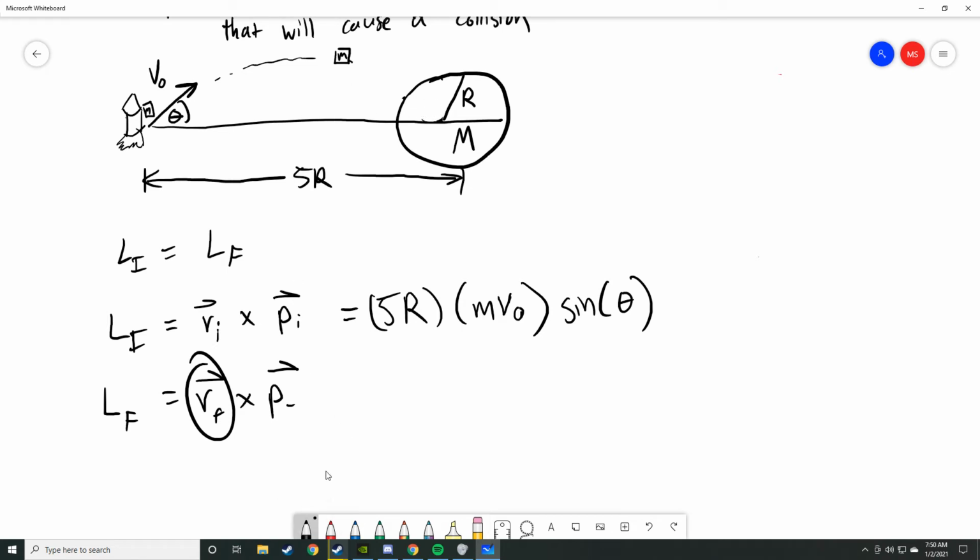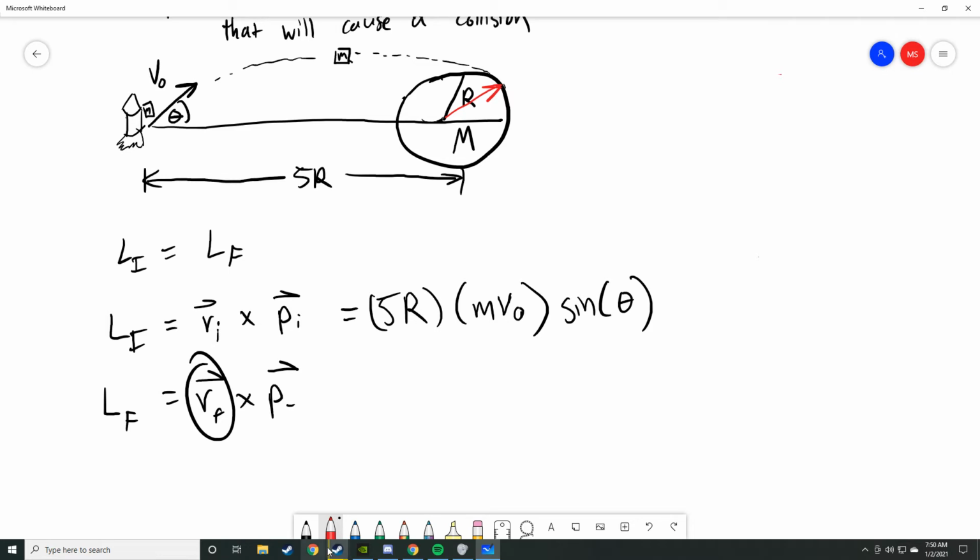If you imagine the trajectory of this thing just barely grazing the surface and hitting, then we see that R final looks something like that, right?